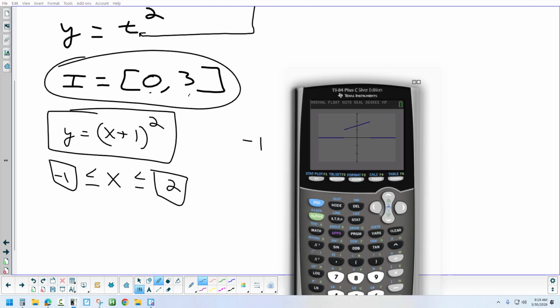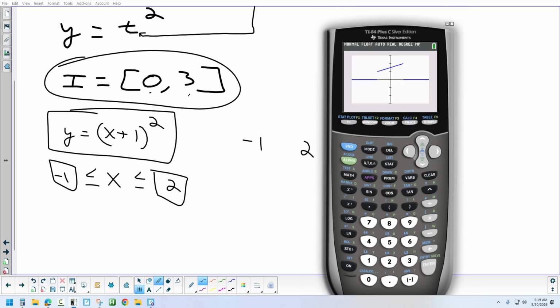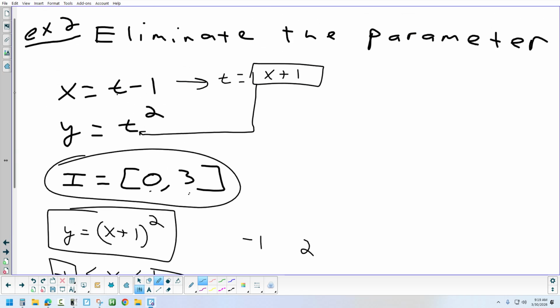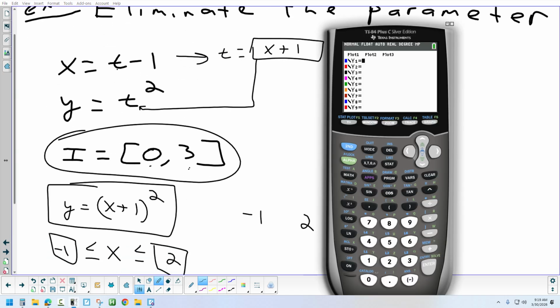Okay, let's try it and see how it looks. All right, so what was it originally, t minus 1? Let's do it in parametric. Okay, so I got t minus 1. I've got t squared. Okay, interval for my parameter is 0 to 3.